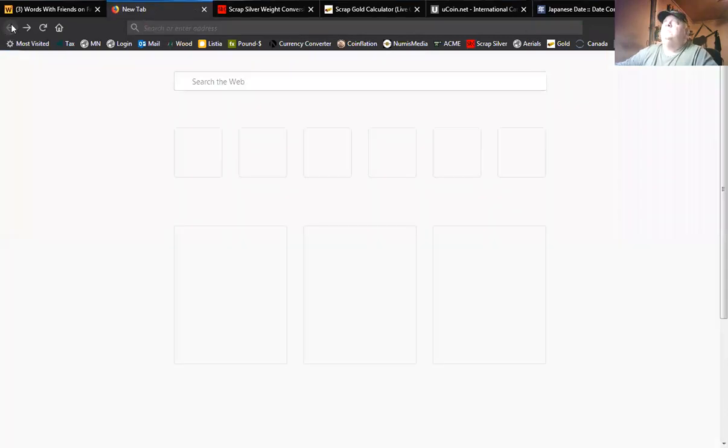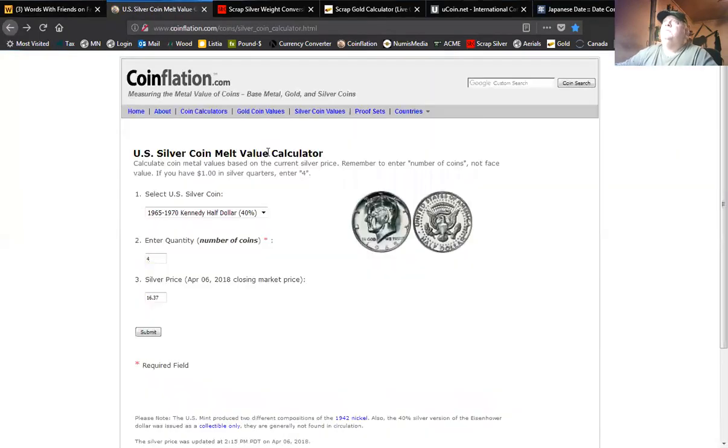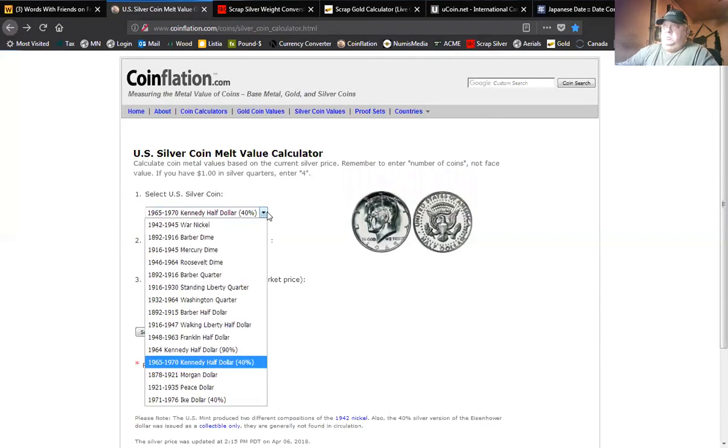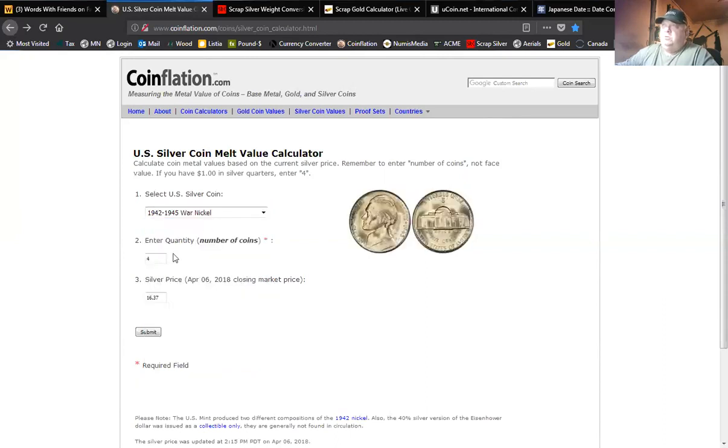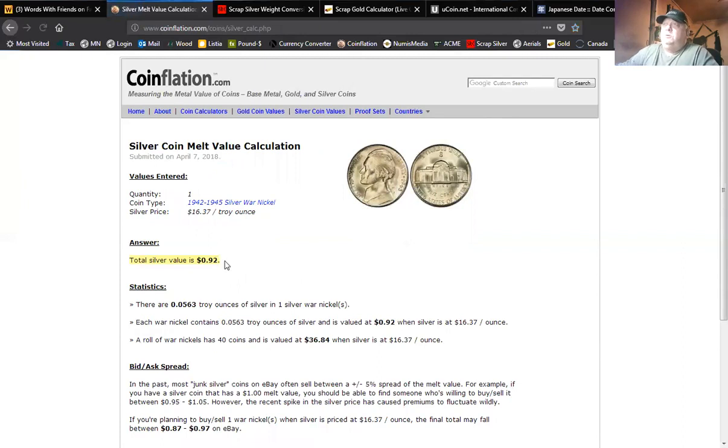Too far. My bad. Let's try another one out. War nickels. That's only 35% silver. So the average war nickel, what the value is of it. Like I said, you can do this all yourself. Is about 92 cents.